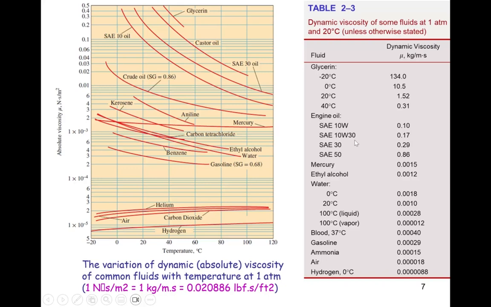Then you can see SAE 10W and SAE 10W30. If you want to buy oil for your engine, in winter and in summer you have to put different types of oil. Why? Because in winter it is colder, so there is more viscosity.